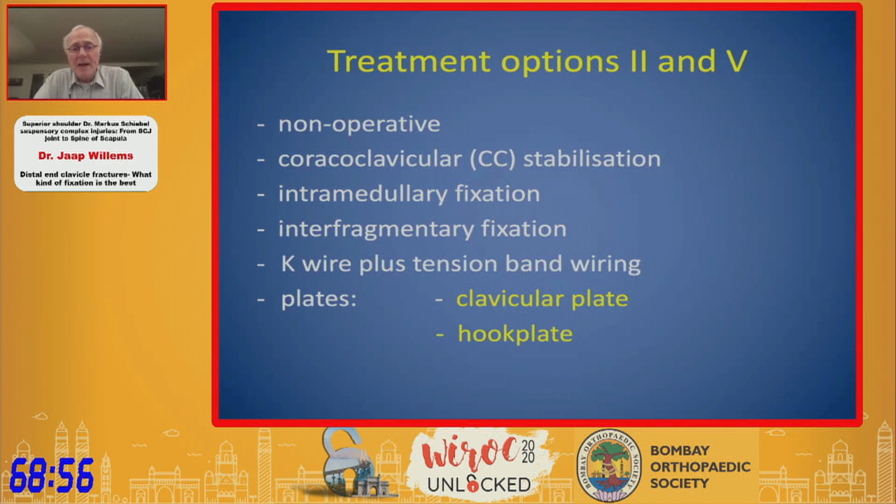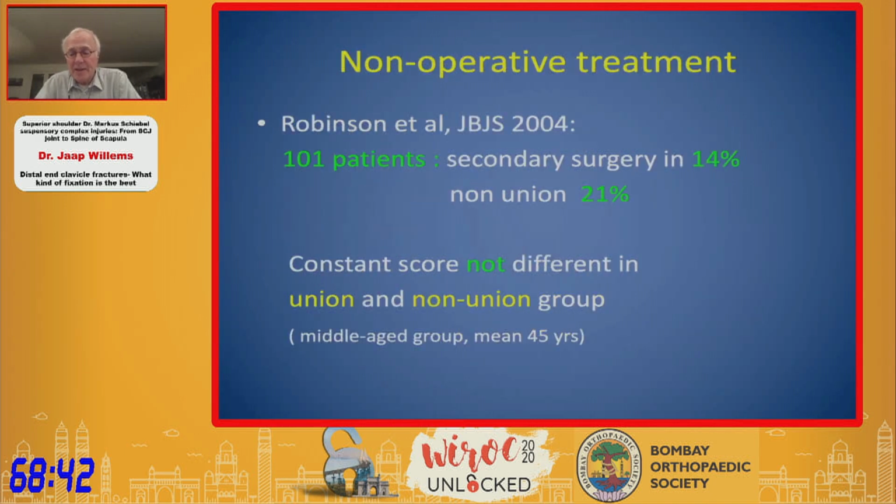Well, there are many treatment options in the lateral clavicle fracture. Non-operative, only CC stabilization, intramedullary, interfragmentary fixation, K-wire and tension band wiring, and more recently the plates. Interestingly, this is a study of Robinson where he treated 100 patients with all types of lateral clavicle fractures non-operatively.